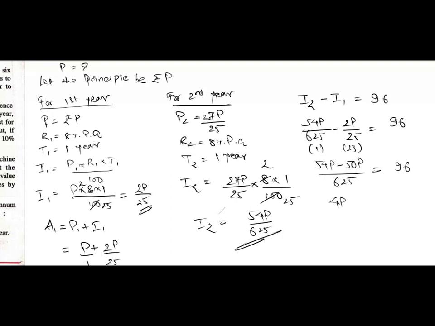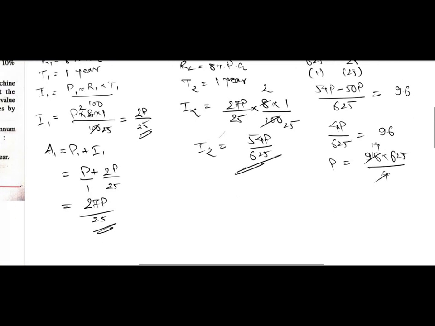So 4P upon 625 is equal to 96. So P is equal to 96 into 625 upon 4.